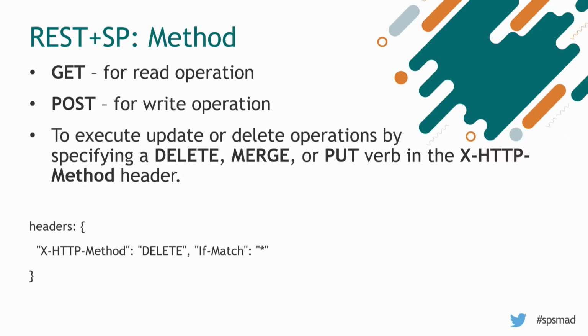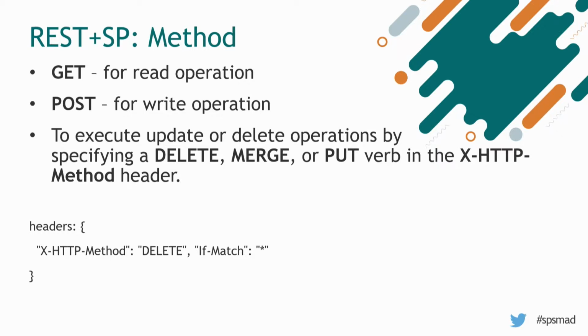It's because most of the browsers or firewalls do not support any other HTTP methods than GET and POST. So just to get rid of this restriction, we can use this X-HTTP-Method header to avoid problems with executing our requests.